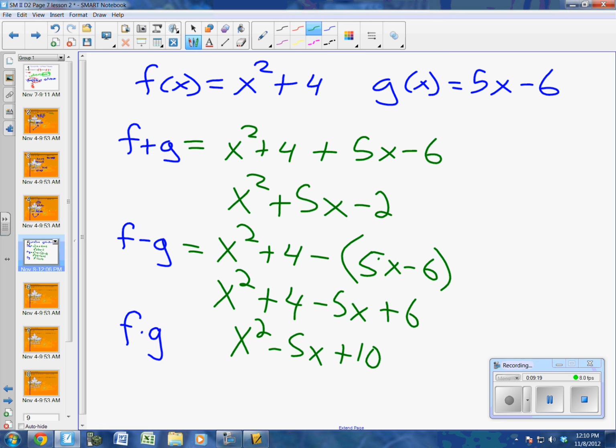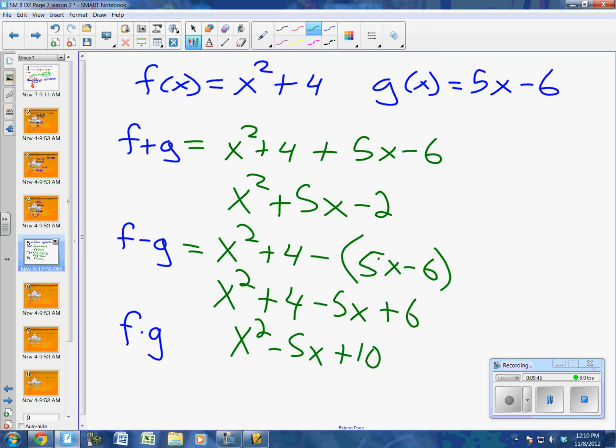What's your question? Couldn't you just not put the parentheses? What are you saying? You're saying we can just go to this step? It wouldn't be plus 10. It's 4 minus 6. Well, remember, if we were combining right here, we'd go 4 minus a negative 6. What happens when you minus a negative number?